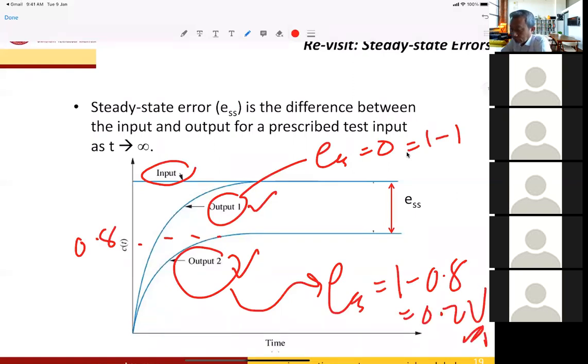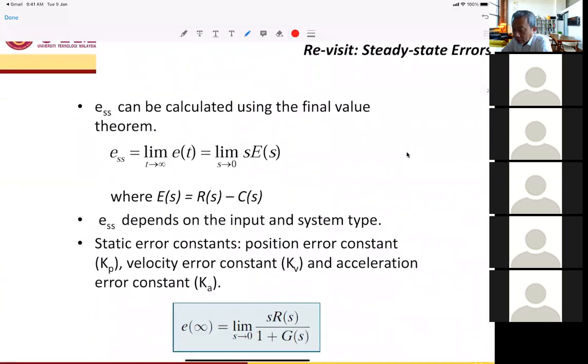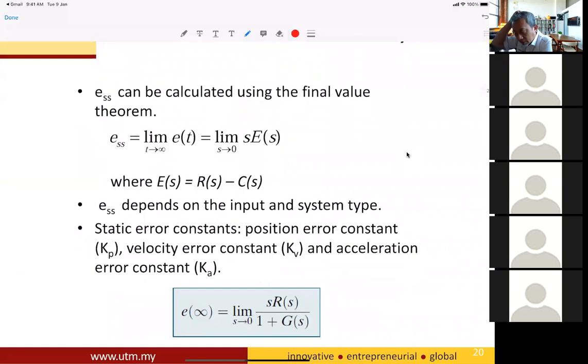We use step signals, where we can calculate the steady state error using the final value theorem, which is ess equal to the limit as t tends to infinity of e(t), or the limit as s tends to 0 of sE(s). So it depends on the input and the system type.